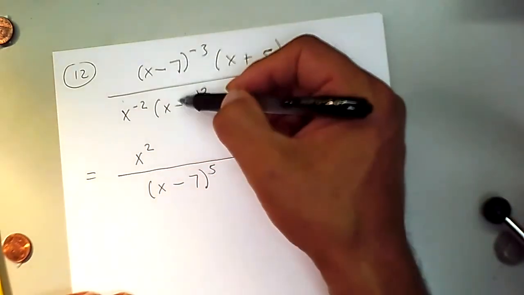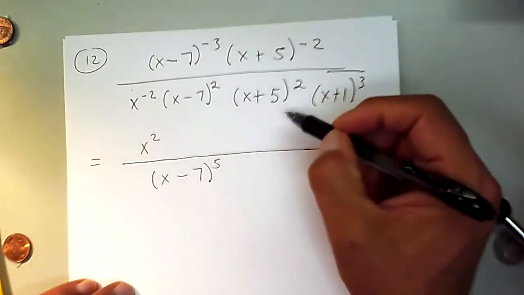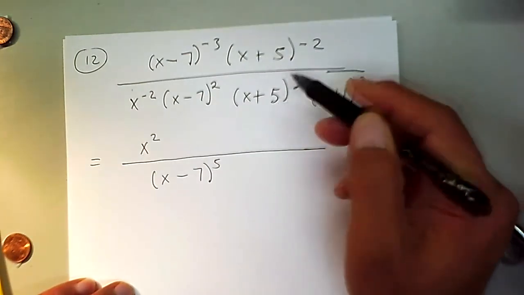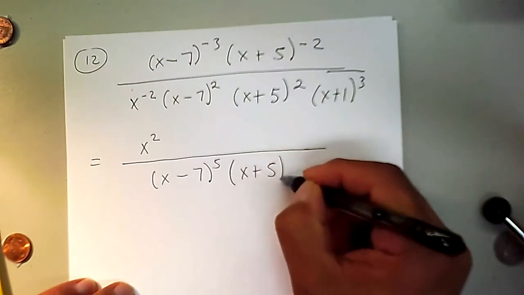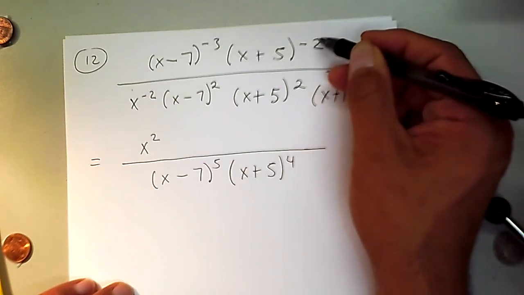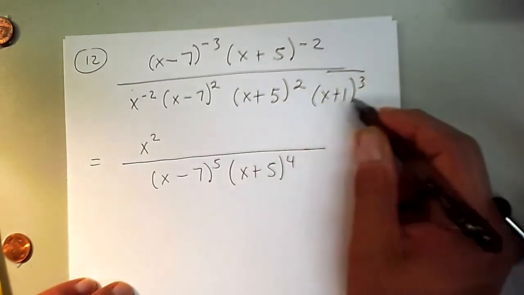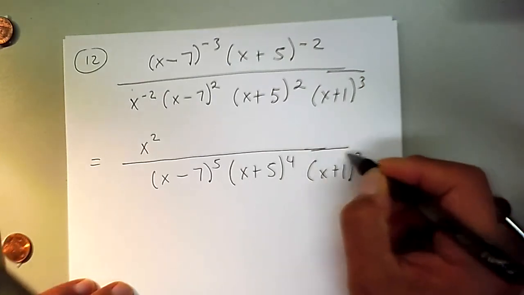Just pretend this is a to the negative 3 and a squared. Same thing as we were doing in the other examples. Same thing here. This goes on the denominator. So we have x plus 5 to the 4 because we have 2 in the denominator to start with, and then 2 more that have to multiply with those in the denominator. And then this guy stays where it is, x plus 1 cubed.